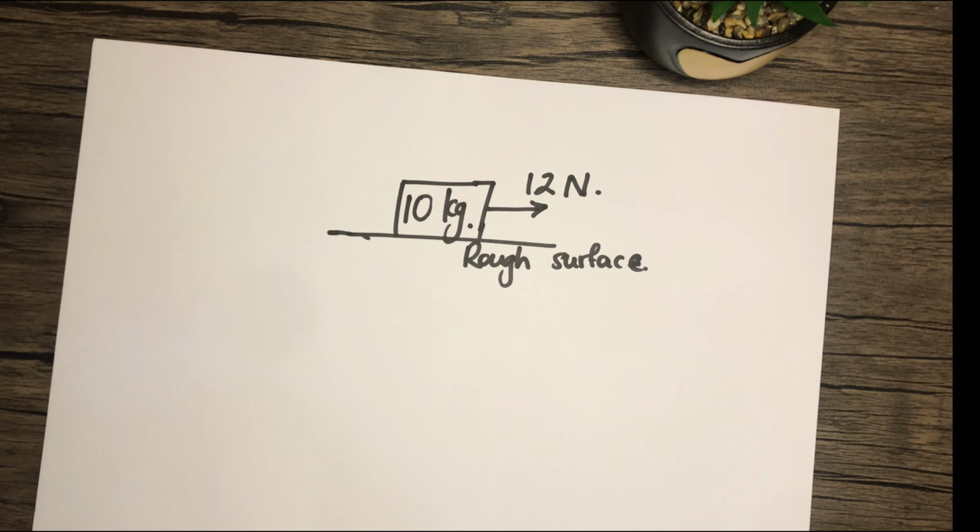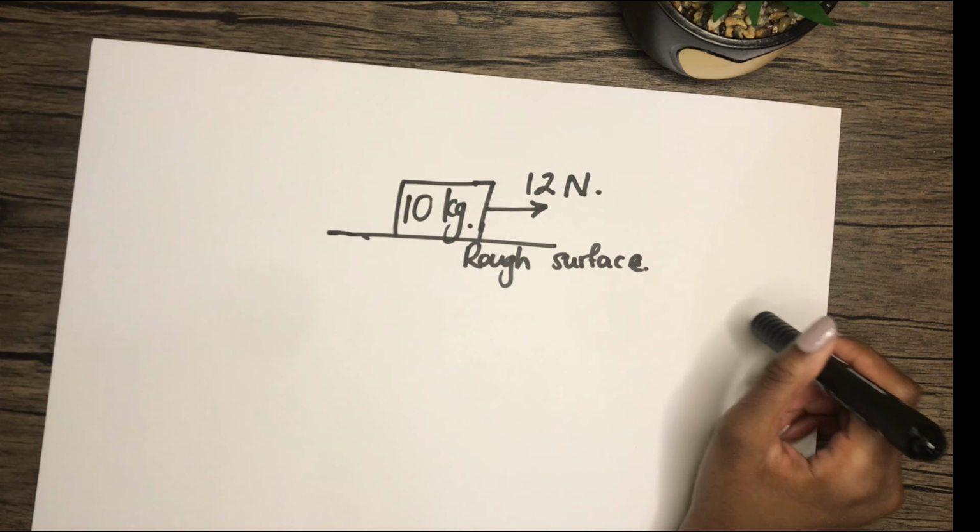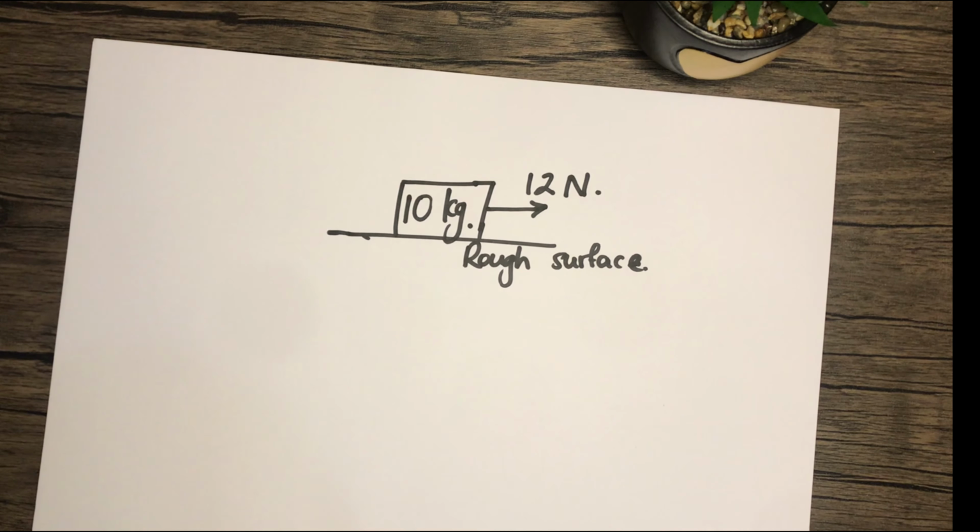They are not frictionless, which means they are what we call rough surfaces. So in order to get that object to move, you have to overcome the frictional force exerted by the surface, right?